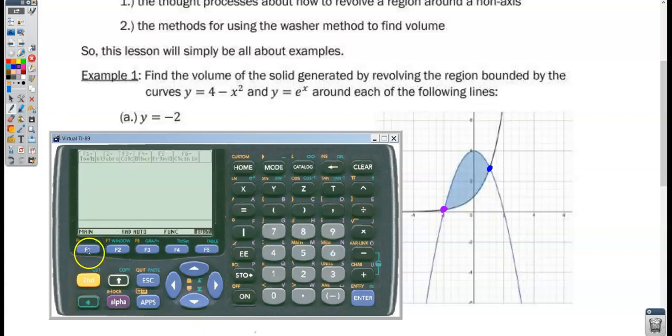We'll go to our y equals screen and graph y equals 4 minus x squared and y equals e to the x. And we'll find these intersection points.